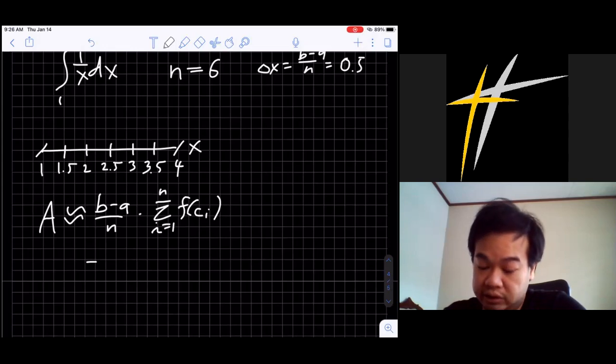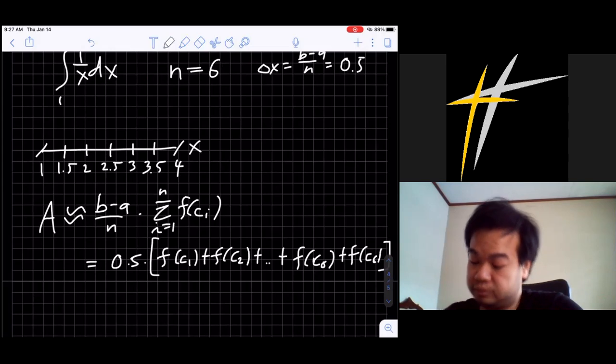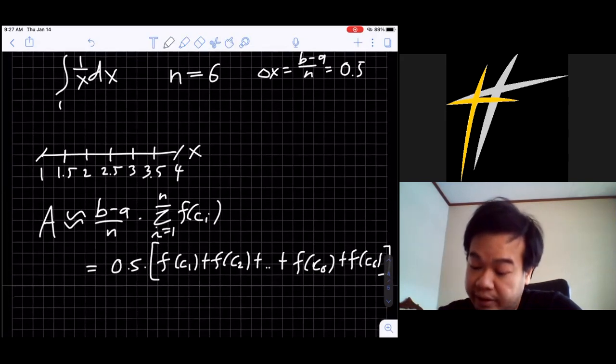So in this case, it's going to be 0.5 times f(c1), f(c2), up to f(c5), f(c6). And the f(x), in this case, is equal to 1 over x.